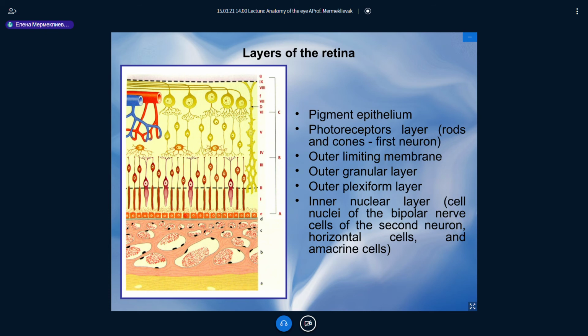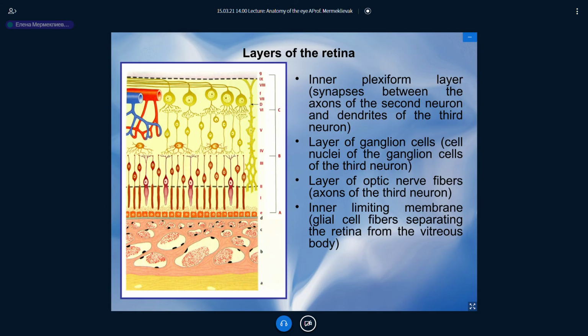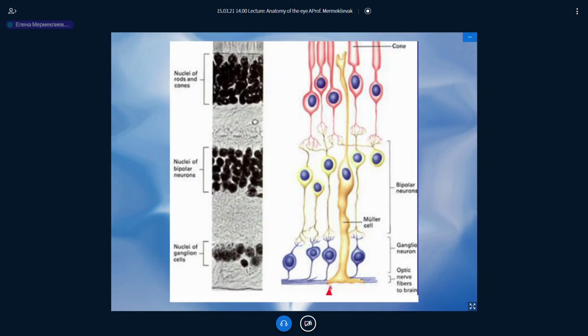We have 3 neurons in the retina, the photoreceptors, the bipolar cells, and the ganglion cells. And the axons of the ganglion cells form the optic nerve. These are the photoreceptors, the bipolar cells, and the ganglion cells.